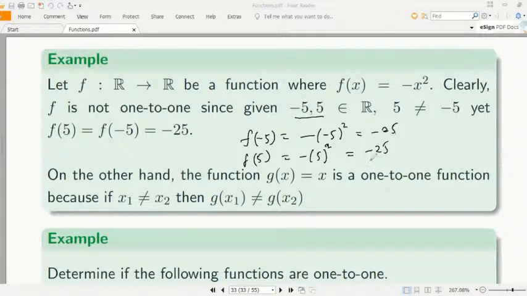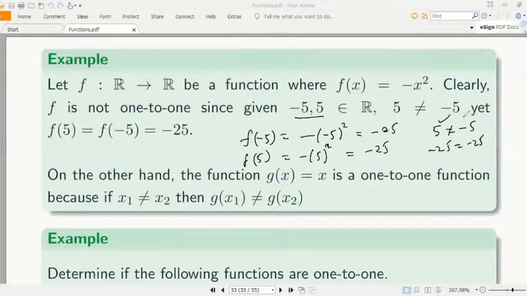What I notice here is that two different inputs have given me the same output. 5 was different from -5, but the output is -25 in both cases.